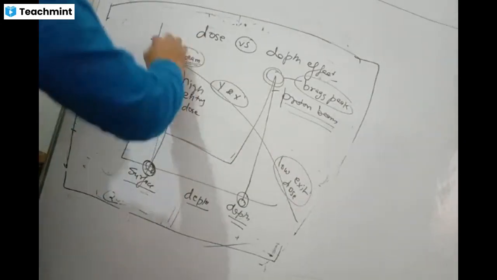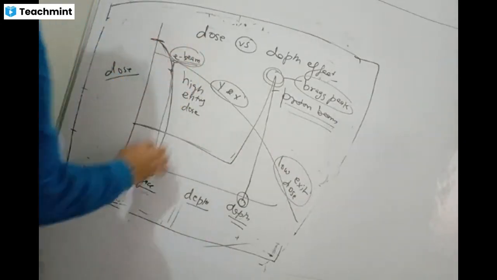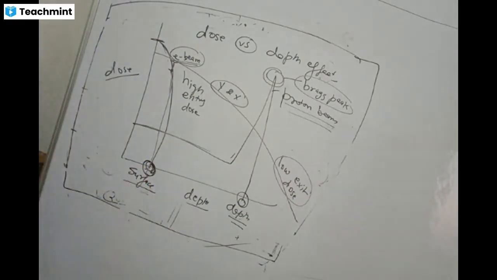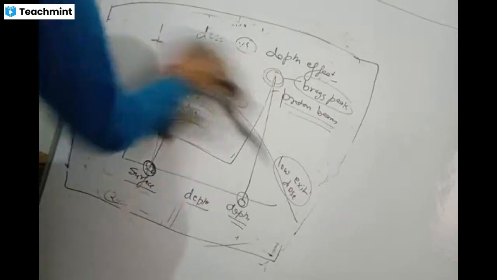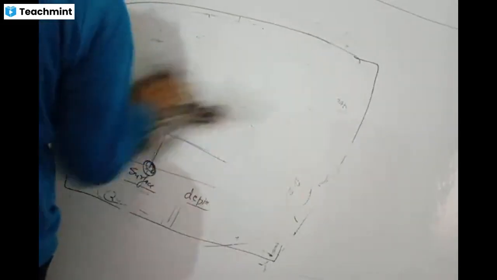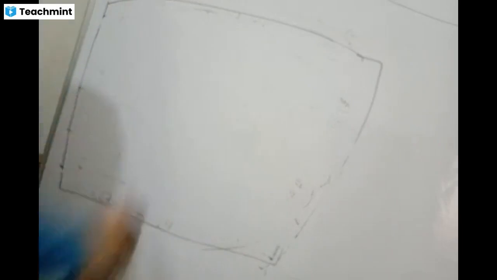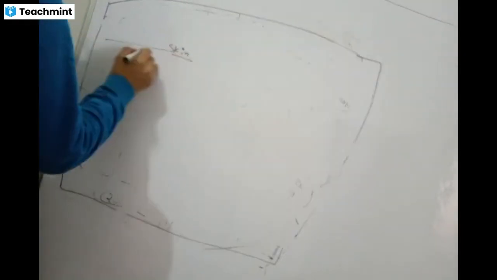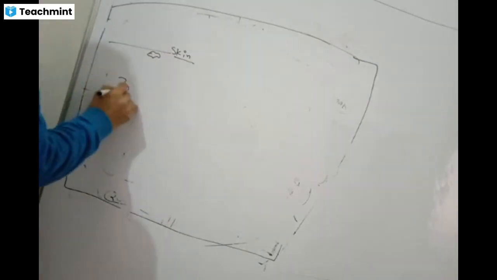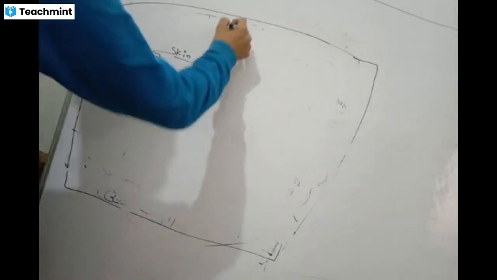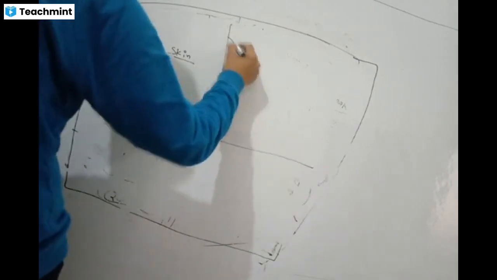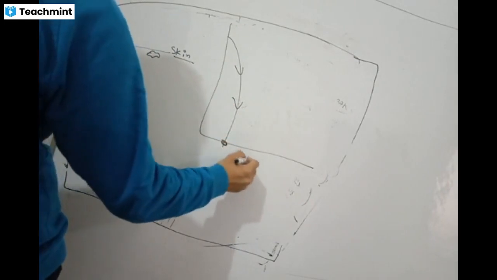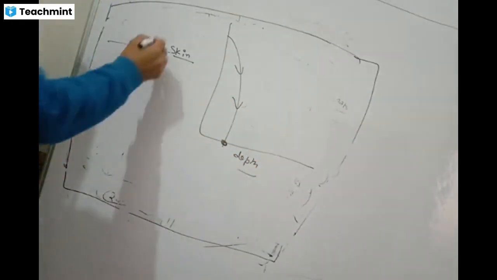What this curve indicates is that the electron beam deposits its energy up to this much depth. Suppose this is the skin and this is the tumor, and one tumor is deep seated. If you look at the graph, the electron beam will come and end at this depth.